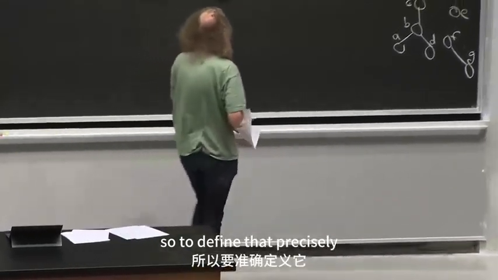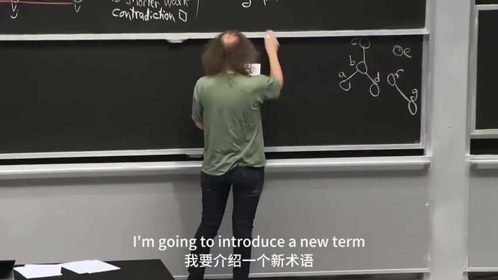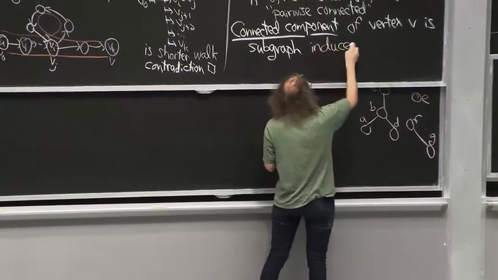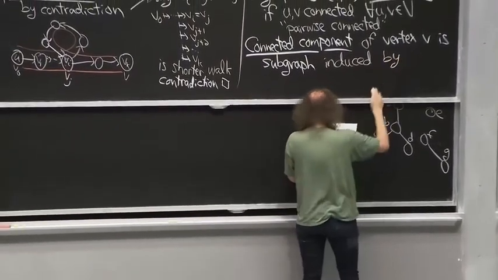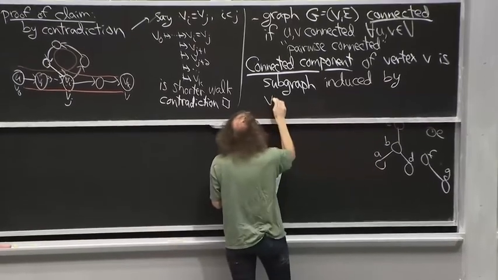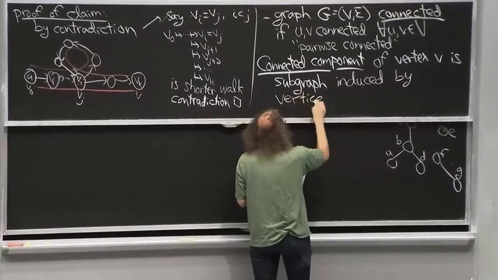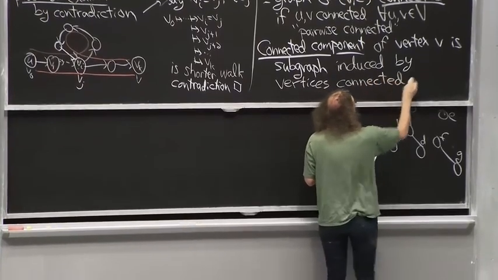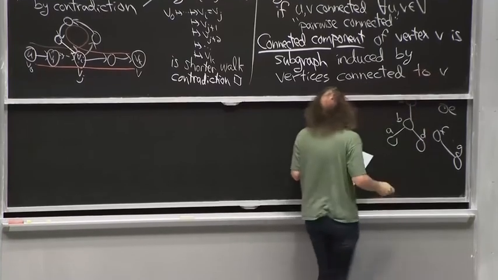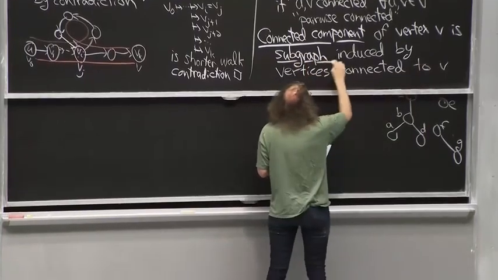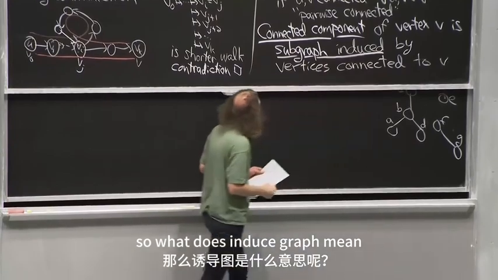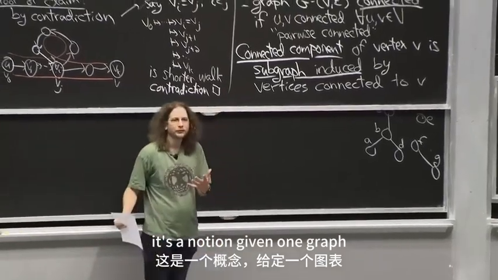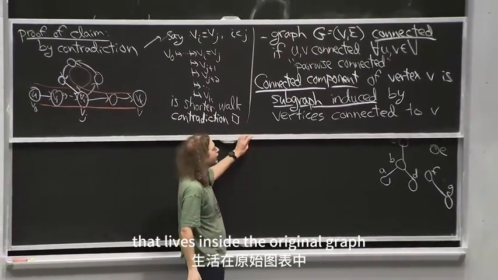So to define that precisely, I'm going to introduce a new term, which is induced subgraph. So what does induced subgraph mean? Given one graph, it defines a graph that lives inside the original graph.